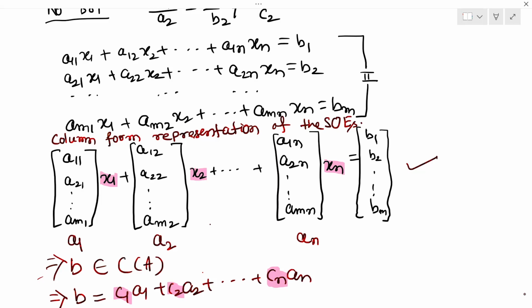Here every variable has a coefficient vector: the first variable's coefficient vector is a1, the second variable's is a2, and so on. So we can write any system of equations in this format.